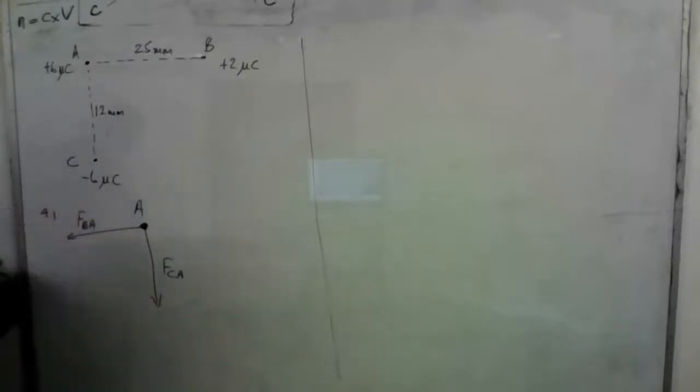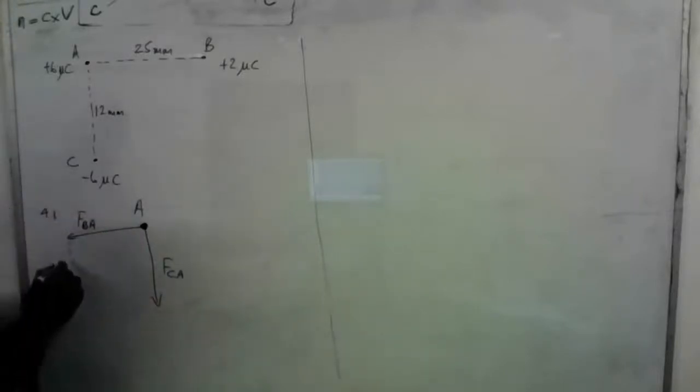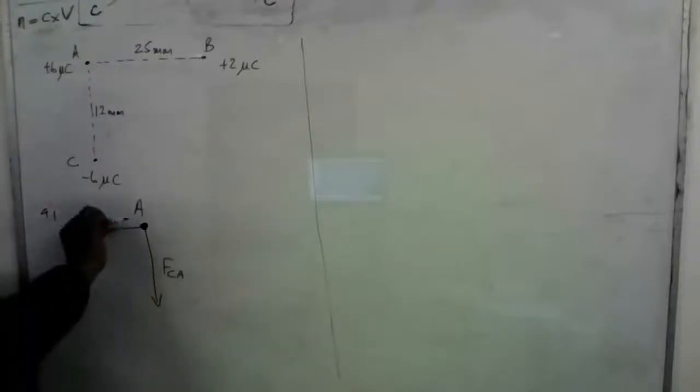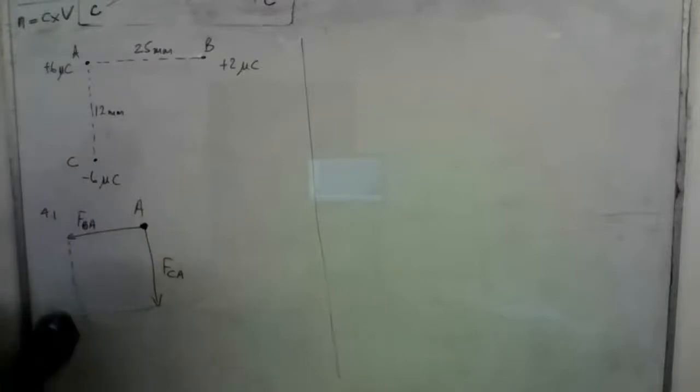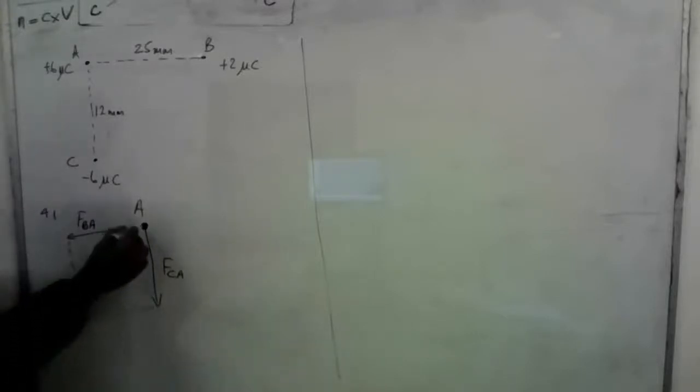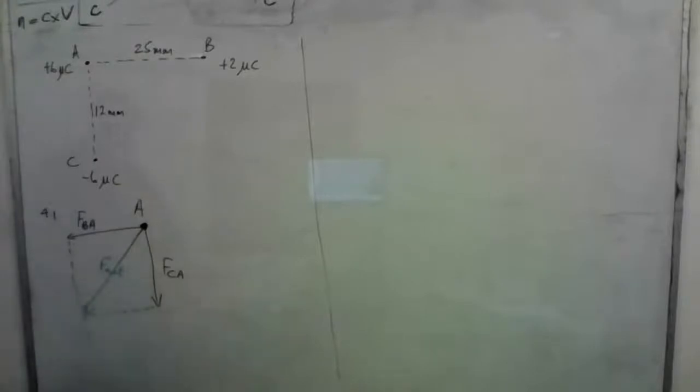Then you take your ruler and move that vector parallel, any length. Move the second vector parallel. Where these two vectors meet, and from your origin, that will be my net force. Right, so that will be 4.1 for 3 marks.